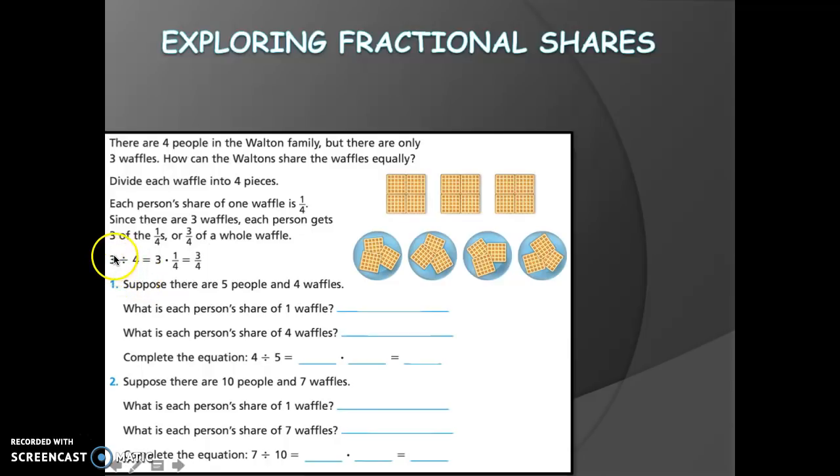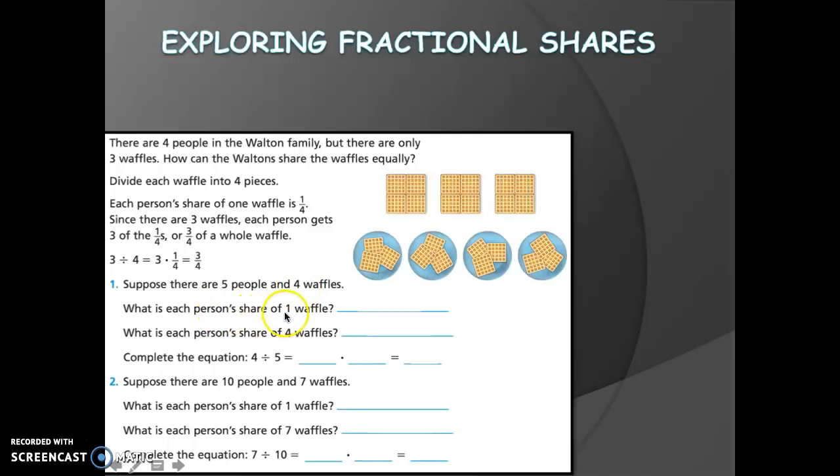So what that looks like is 3 waffles divided by 4 people really means we're taking a fourth times 3, which equals 3/4. Now, I know this part seems a little confusing, but just hang in there for a minute. Suppose there are 5 people and 4 waffles. So we're not going to get a full waffle. If we had 5, we'd each get a full one, but we have 4, so we're going to get a fraction of a waffle.